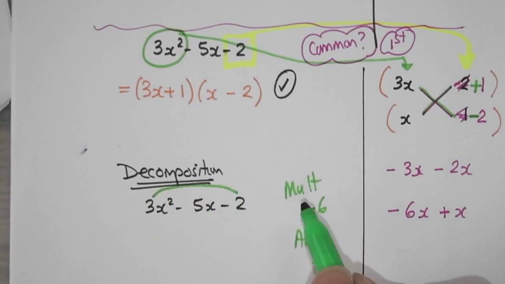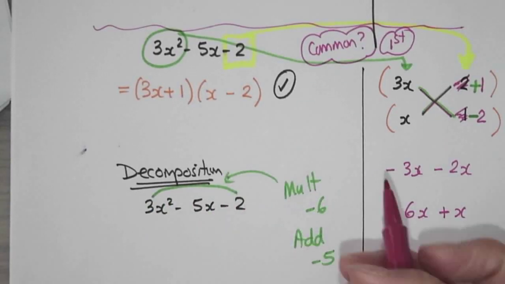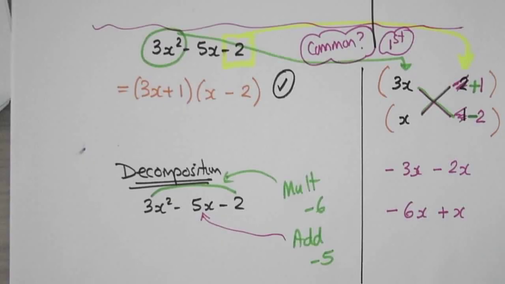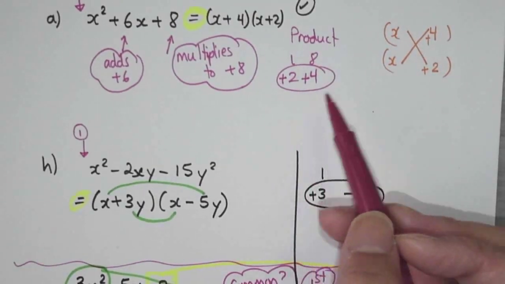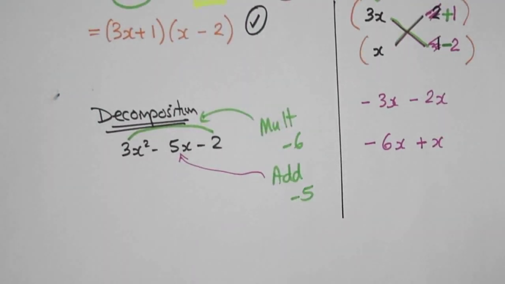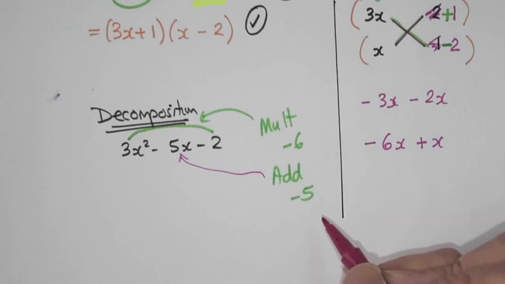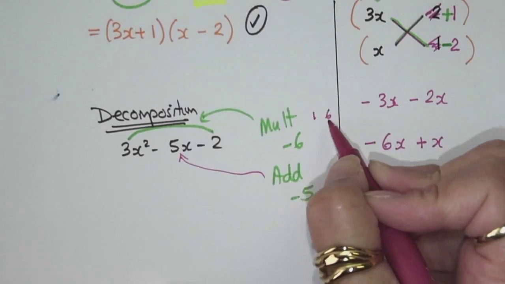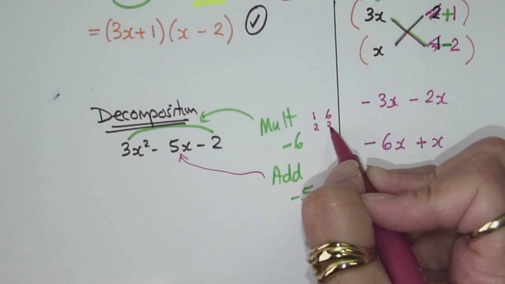So it's multiplied to negative 6, which is here, and then you're adding it to the negative 5, which is there. So it's still the same guess and check as we've been doing the whole way through. Multiplies to this, adds to that. So you're still doing negative 6 and adds to 5, it's going to be 1, 6, or 2, 3.